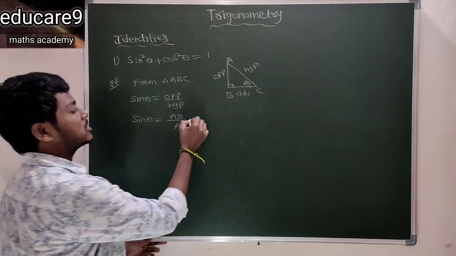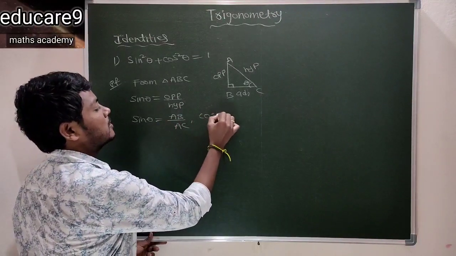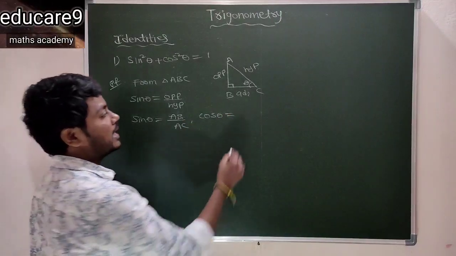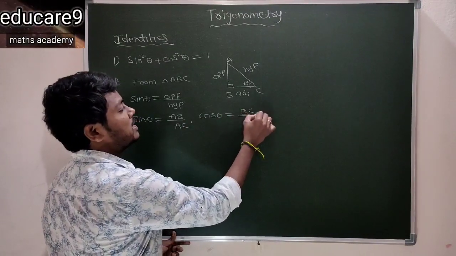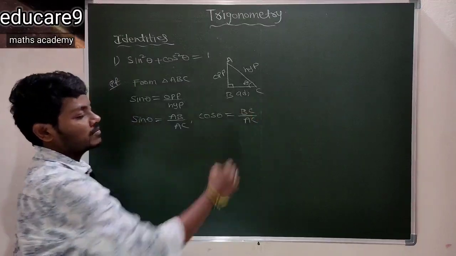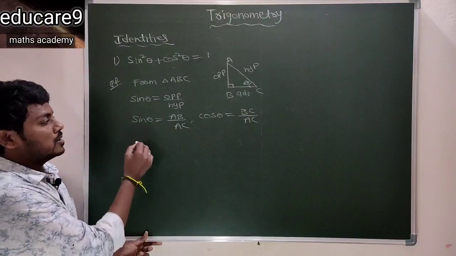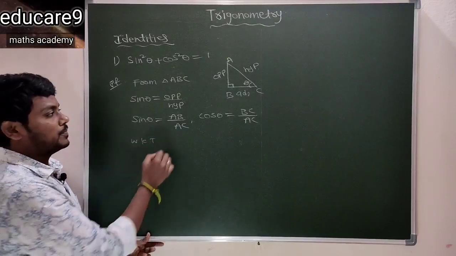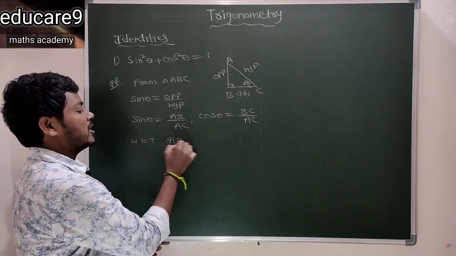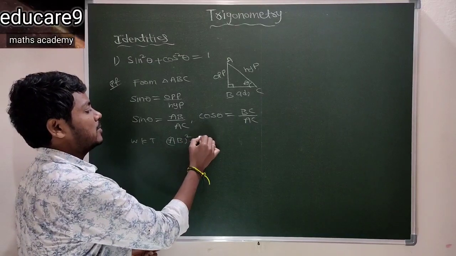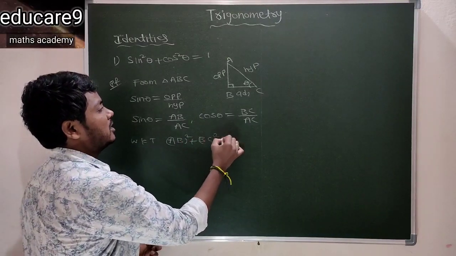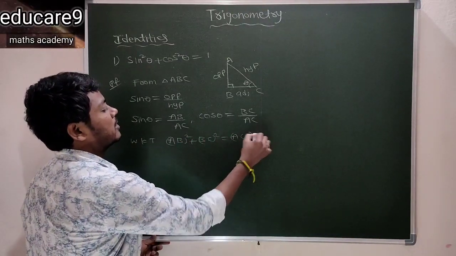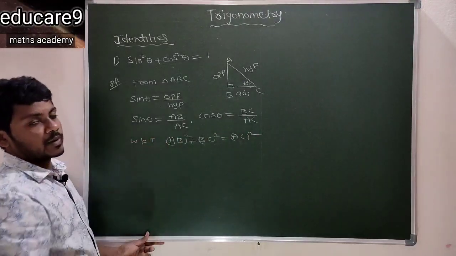And find cos theta. So cos theta is adjacent side, that is BC by hypotenuse, that is AC. Okay. So you know that Pythagoras theorem, AB square plus BC square is equal to what? AC square. So using this Pythagoras theorem.